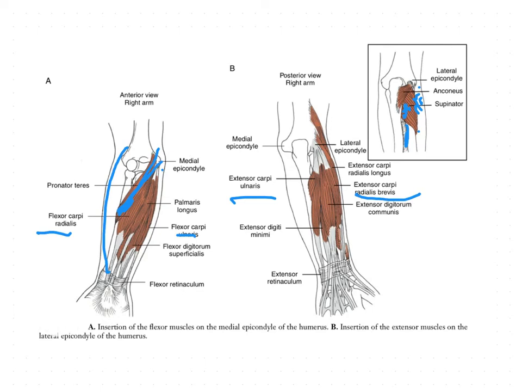So these are the muscles also involved during supination and pronation, especially when gripping is involved and also during resisted motion.